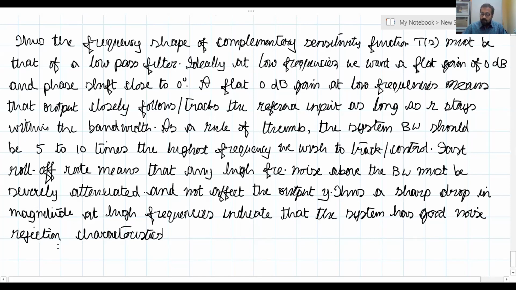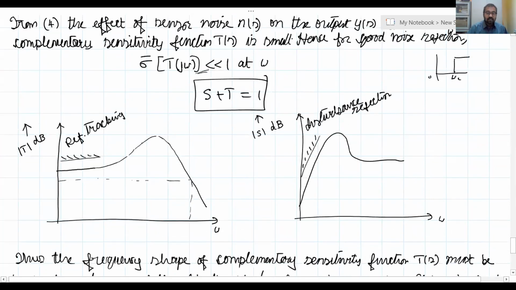So this should typically be the frequency shape of the complementary sensitivity function T.